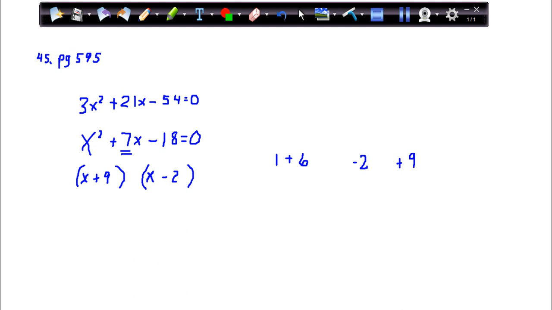Now, remember, the equation was set to 0, so let's show that. x plus 9 equals 0, and x minus 2 equals 0.